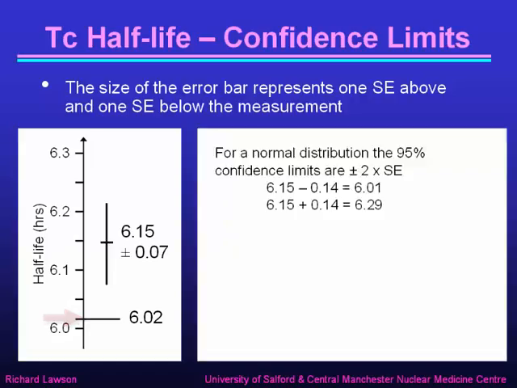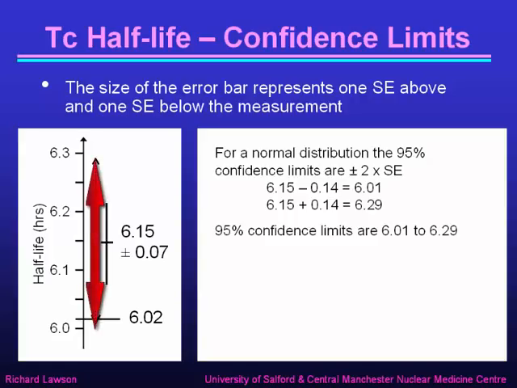Now we know for a normal distribution the 95% confidence limits are plus or minus 2 times the standard error. The standard error is 0.07, so twice the standard error is 0.14. So 6.15 minus 0.14 is 6.01, and 6.15 plus 0.14 is 6.29.